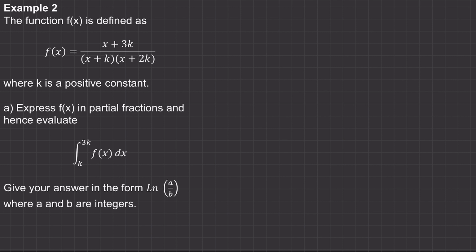Okay, so for example 2, we've been given this function in terms of k, where k is a positive constant, and we've been asked to express the function in partial fractions and then to evaluate this integral here. So the first thing we'll do is write the fraction x plus 3k over x plus k times x plus 2k, and this is equal to a over x plus k plus b over x plus 2k.